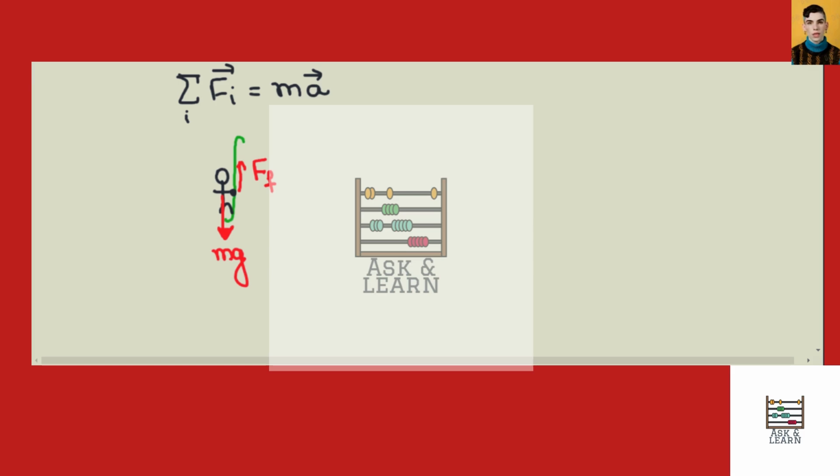And here I'm saying friction force because the hand of the climber is going to exert a certain force on the rope, and the rope is going to respond with friction because there must be some friction so that the climber doesn't slip down. And as long as this friction force is greater than mg, then the climber will move up.